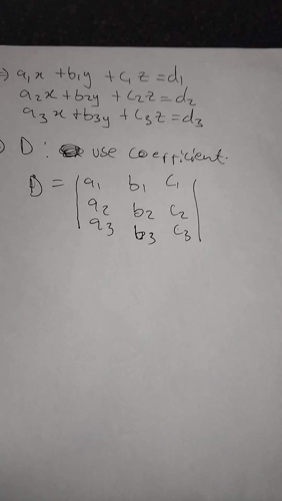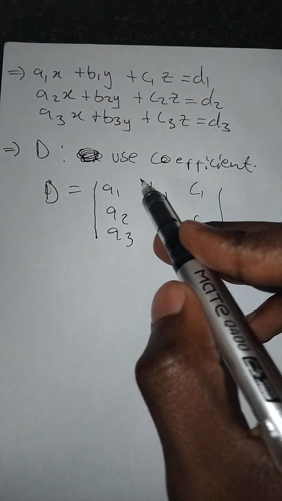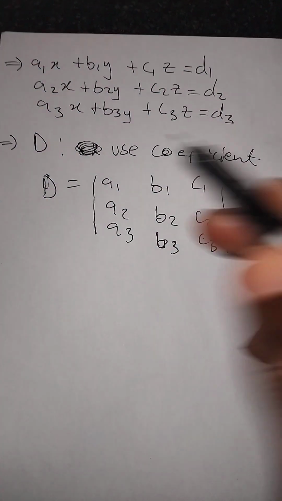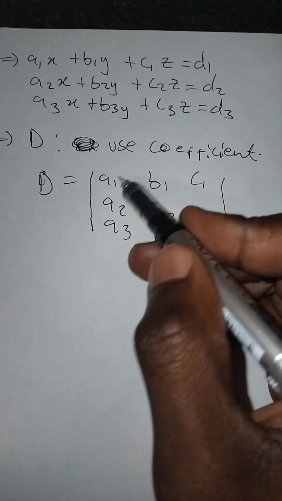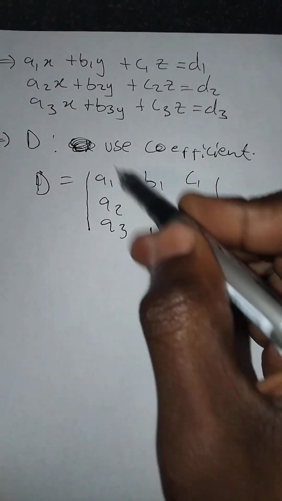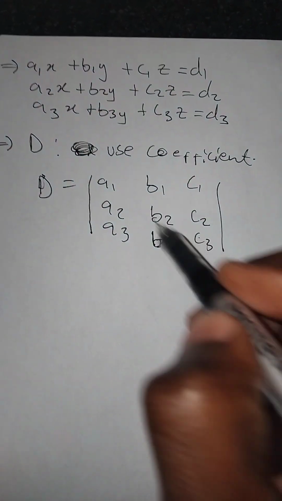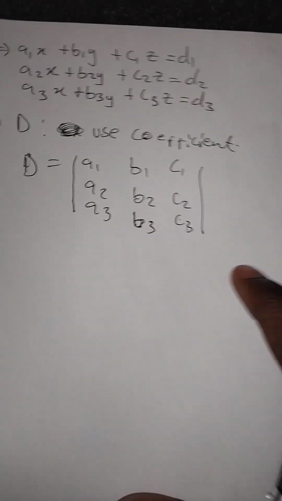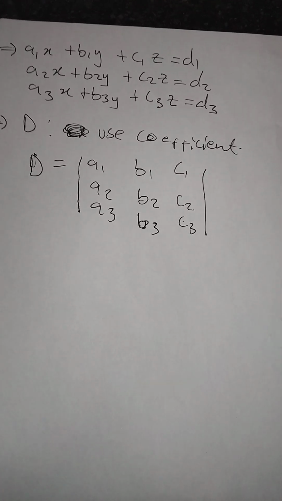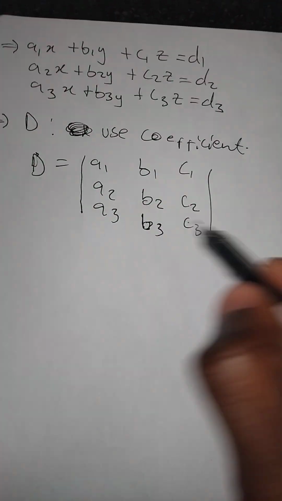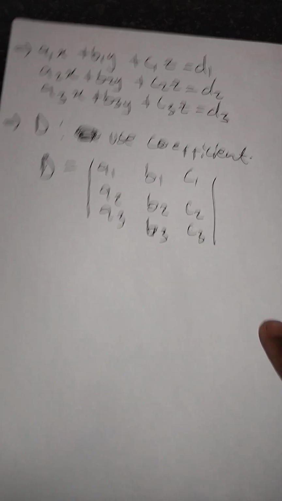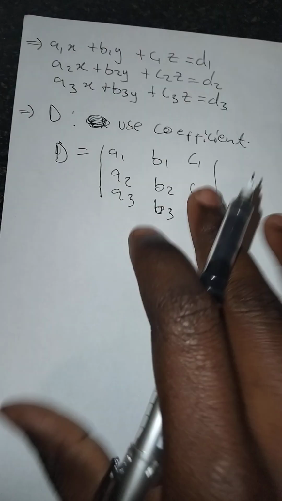The way that we are going to find this determinant is by cofactor. So we take this first element a1, then we cancel the first row and first column, then multiply it by the minor. We are already familiar with finding the determinant of a 3 by 3, so I'm not going to waste time doing that.